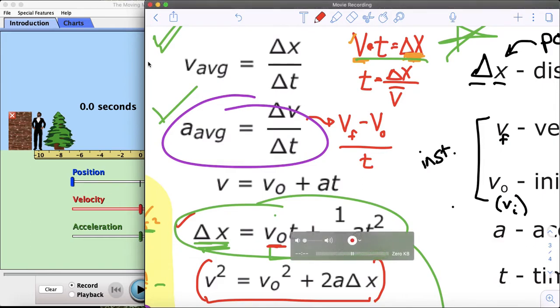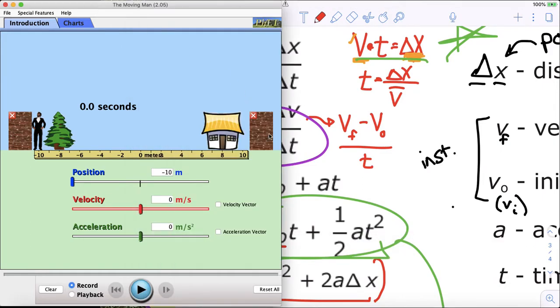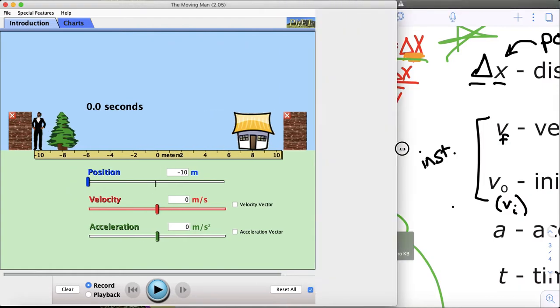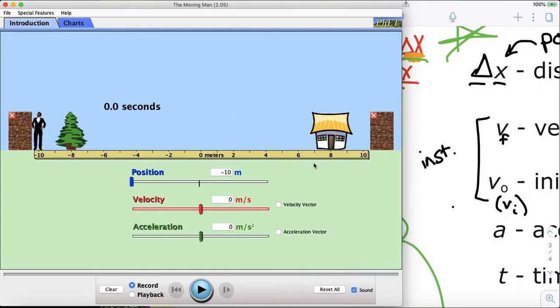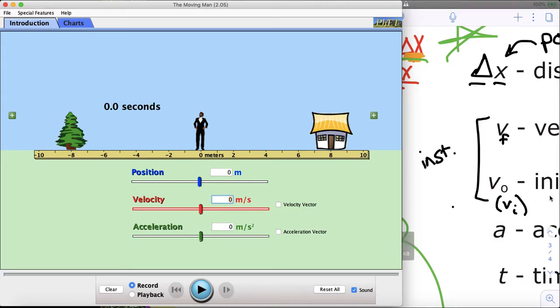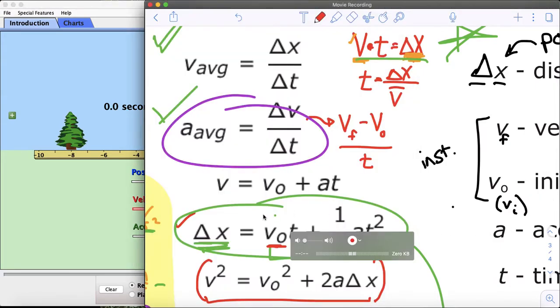All right. I have this simulation thing, which you guys can't use on your iPads because it's Java, but we can use it here. So let's try this problem that we just did and plug in all of the things that we know to start, and then I'll press play and play it for 4 seconds.